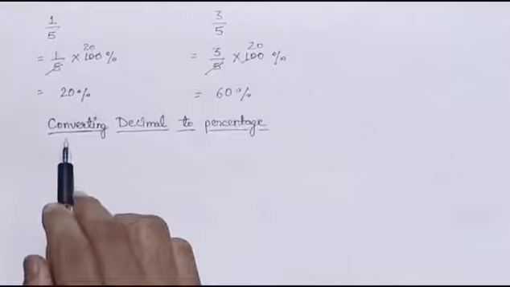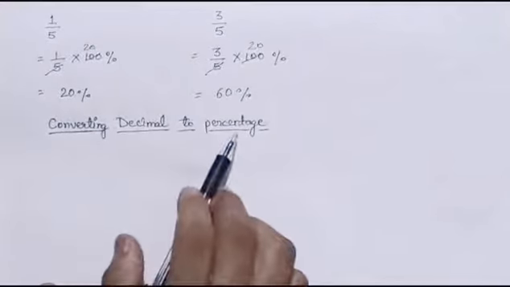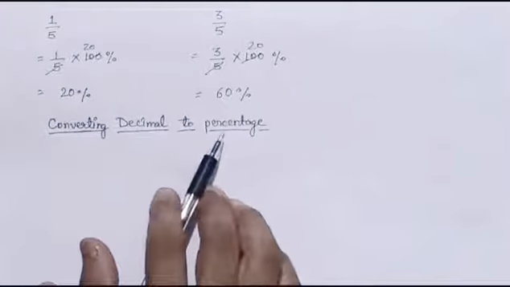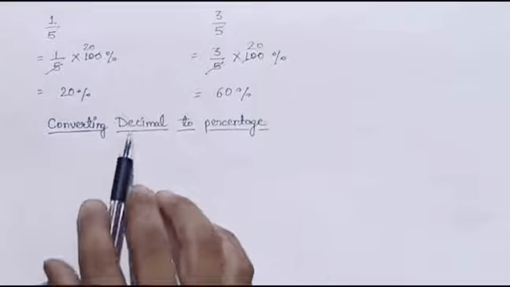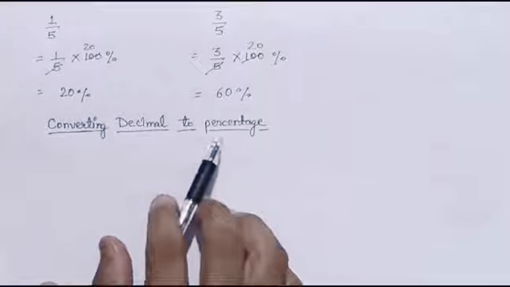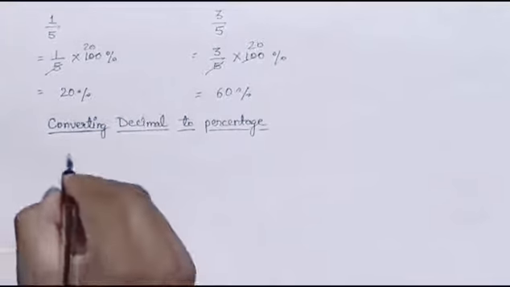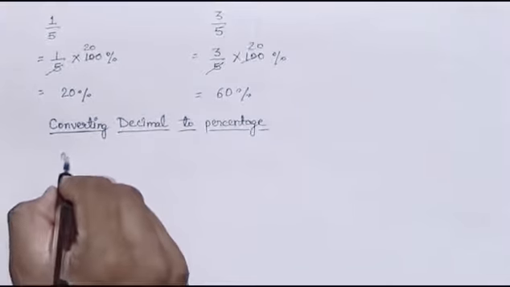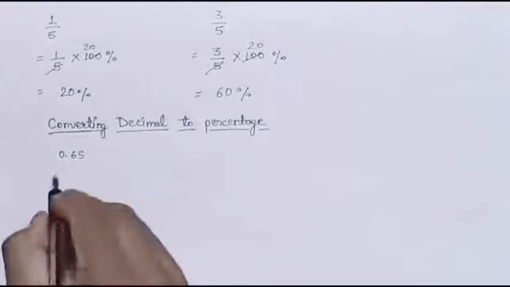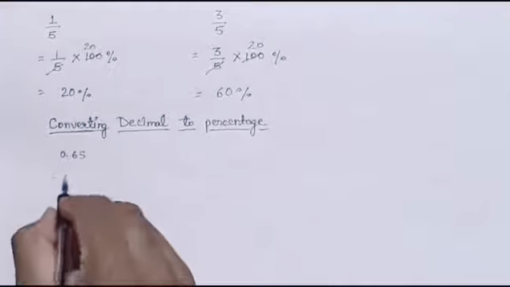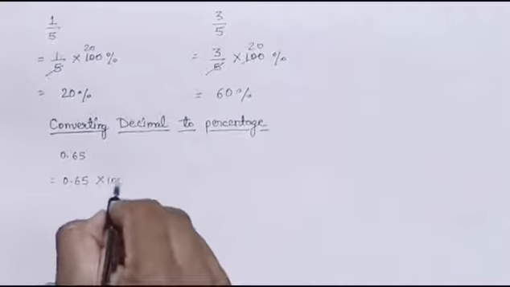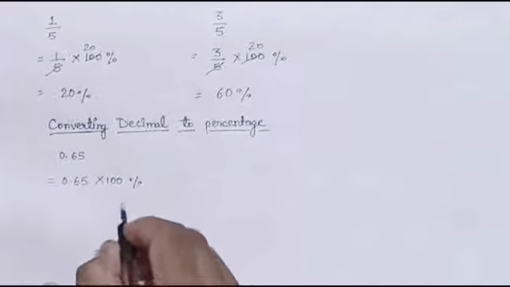Now let us see method of converting decimal to percentage. So whenever you have to convert a given decimal to percentage, then what you do? You just multiply the decimal by 100 and put the percentage sign. For example, if we have given a decimal 0.65 and we have to convert it into percentage, then we can write 0.65 as 0.65, multiply it by 100 and put the percentage sign.